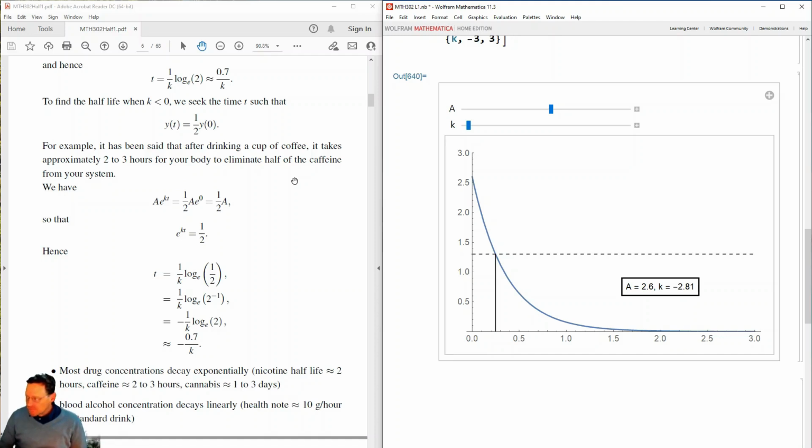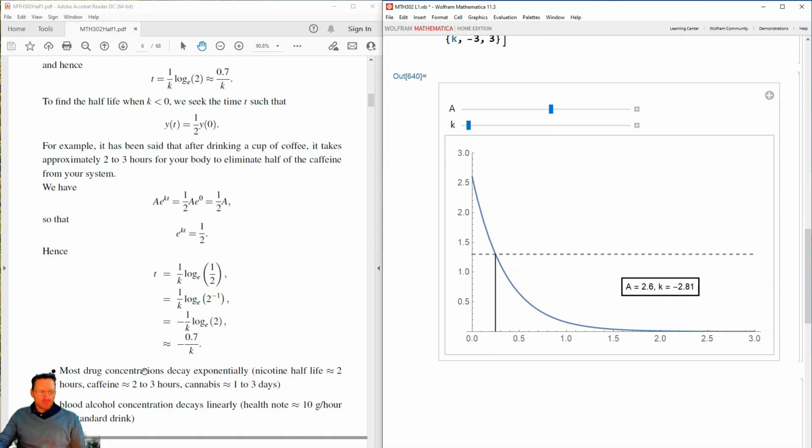You have a cup of coffee at 8 a.m. So by 11 a.m. you have half of that caffeine in your system. And then another 3 hours is 2 p.m. So by 2 p.m., you've got about a quarter of that caffeine in your system. By 5 p.m., an eighth, and so on, right? So by the time you go to bed, you don't want to have more than, say, 1/16 of that caffeine still in your system, right? Because you might get insomnia.